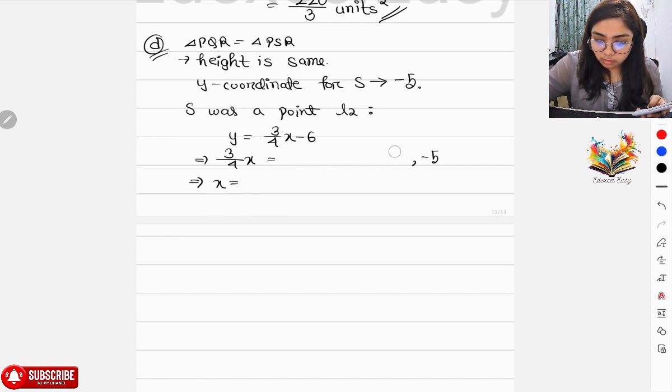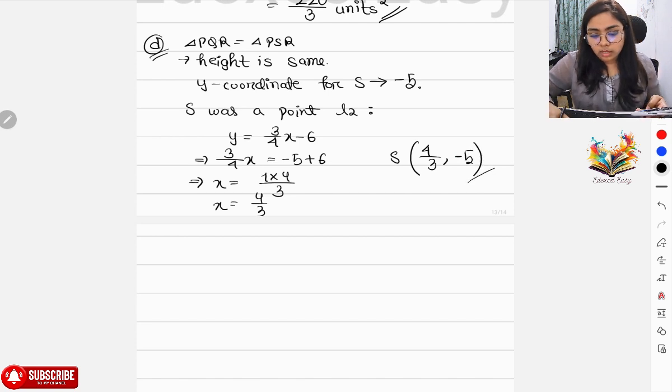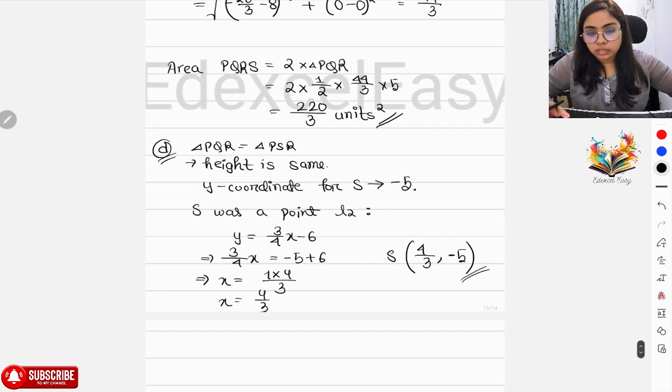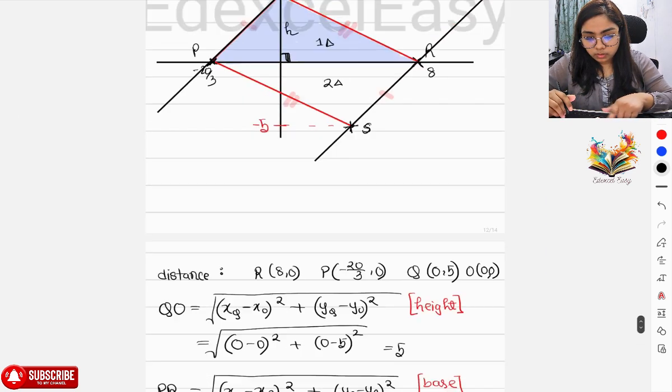The y coordinate was not 0, the y coordinate was minus 5, right? So this will be equals to minus 5, minus 5 plus 6, that becomes positive 1. So in that case, 1 multiplied with 4 by 3 would just be 4 by 3, right? So point S has a coordinate of 4 by 3 and minus 5. This is the final coordinate of S over here.